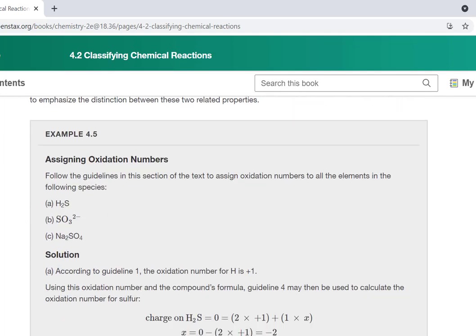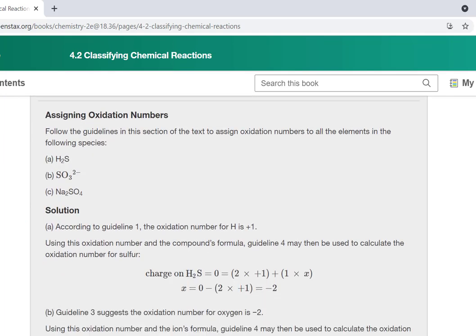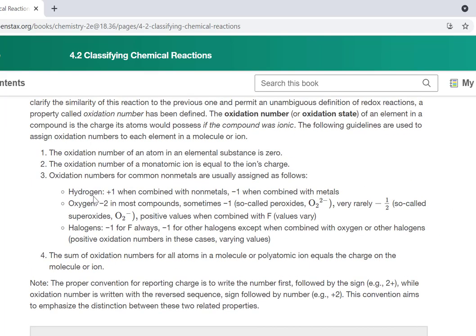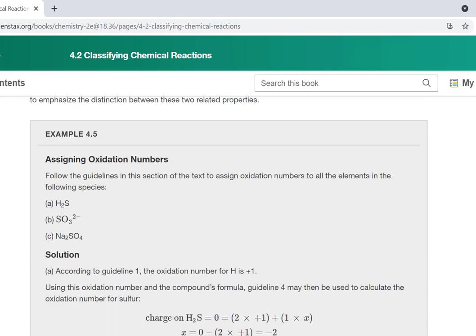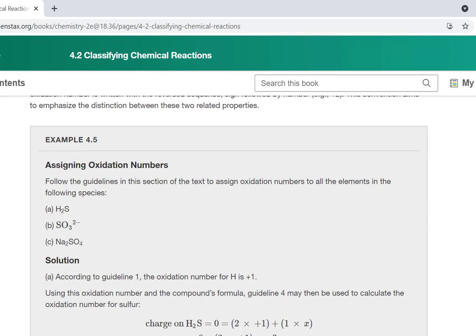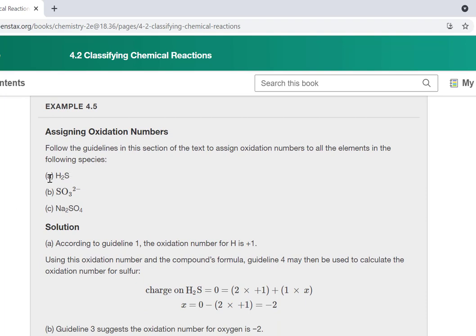So I want to look at some examples of that down here. I think we'll look at just one example, and you can look at the others on your own. So the first example is H2S. From our guidelines up here, we had hydrogen. We didn't have sulfur in here anywhere. We just had hydrogen +1 with nonmetals. Sulfur is a nonmetal, so we would know hydrogen is a +1, and we have 2 of them. We also know that the total has to add up to 0 because this is not an ion.